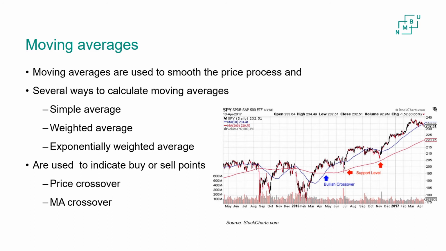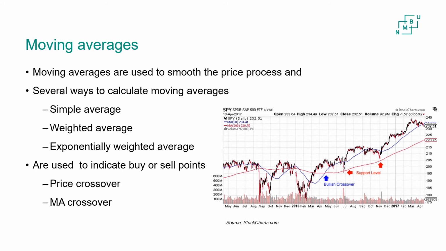As you can see from the chart, the price process is quite jagged. It contains a lot of noise. So to smooth this process, one of the most important and most used techniques is to create a moving average. And there are several moving averages you can make, and the most important decision you face is how many lags you want to include in your moving average.